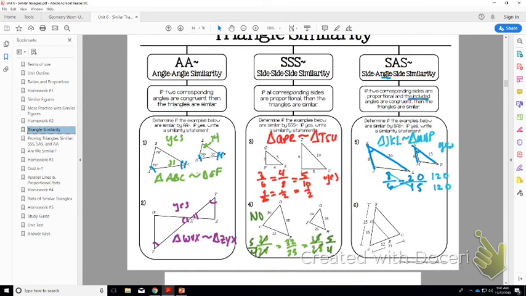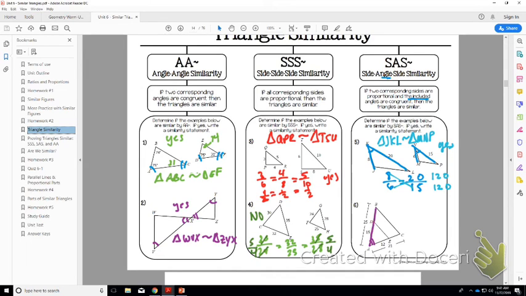As you see in number 6, that little tip is popping back up again, and you'll see it a lot. You notice that they already gave you the lengths. If they don't do that, you have to do it to keep these straight. All right. Oh, we need an angle. Do we have an angle congruency here? Yes, we do. A is going to be congruent to A. So then what do we need?